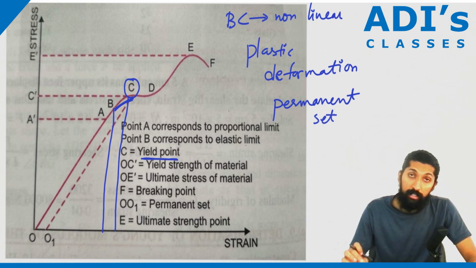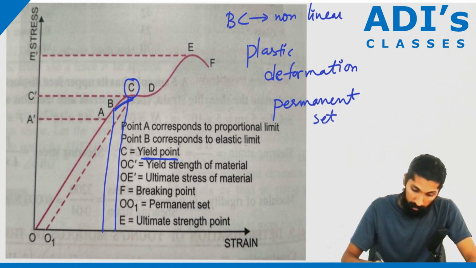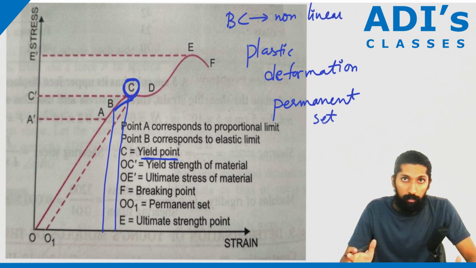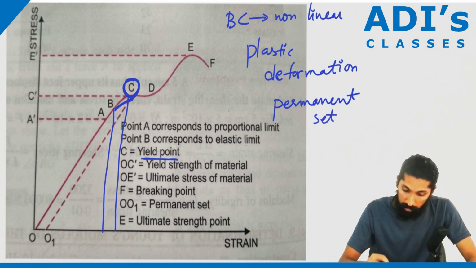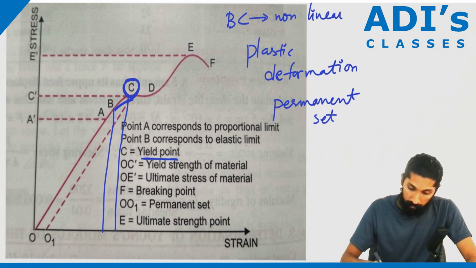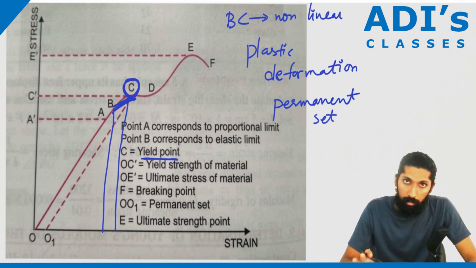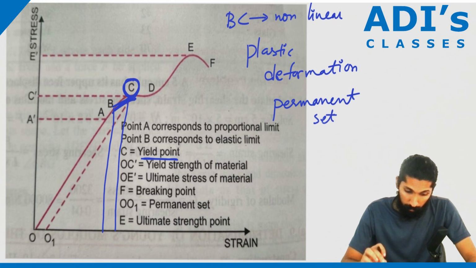That's why C is called the yield point. And here very clearly Hooke's law is going to fail. This part of the curve, from B to C, does not obey Hooke's law. Understood? So this point C is what we call the yield point.